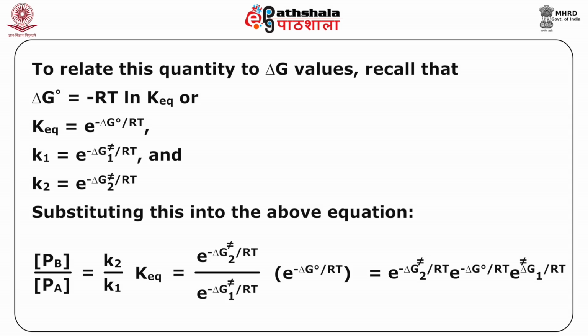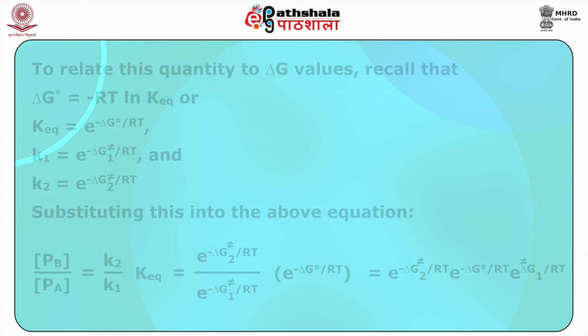Substituting these two relations in the above equation, we get Pb/Pa equals K2/K1 times K equilibrium, which is in turn related to e to the power of minus delta G2/RT, e to the power of minus delta G/RT, and e to the power of delta G1/RT.